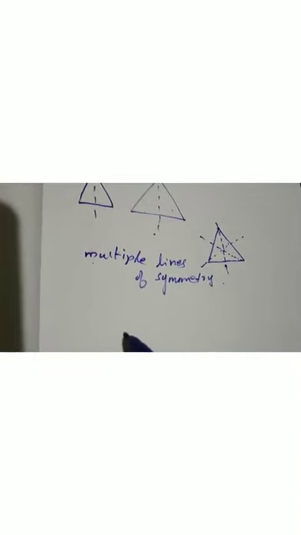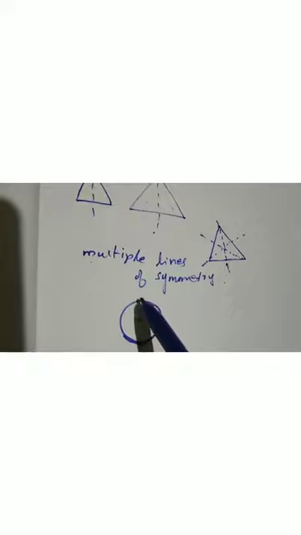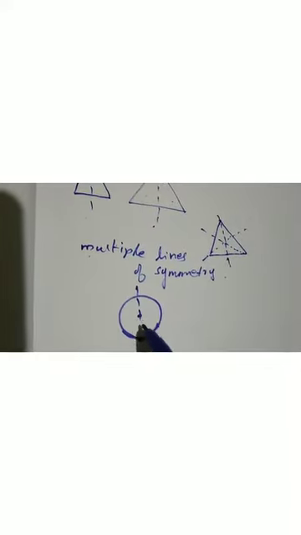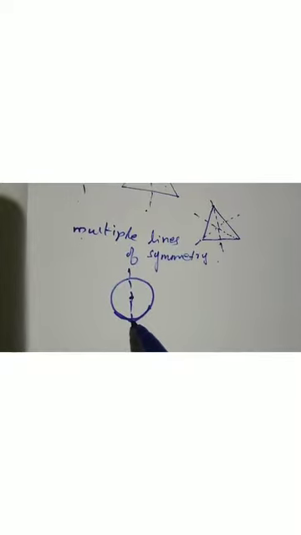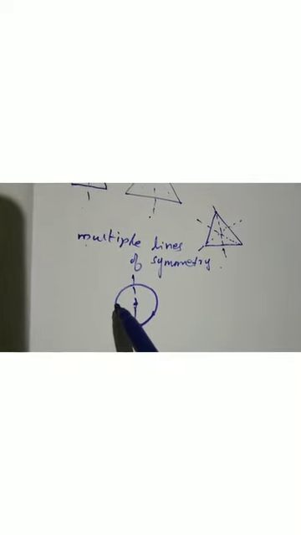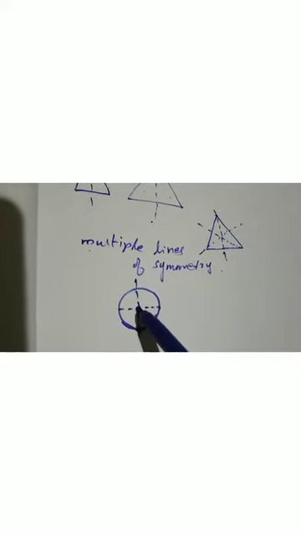For a circle, it's a circle. This is the center. Actually, this is diameter of the circle, okay. If we draw from here to there, this is the diameter.